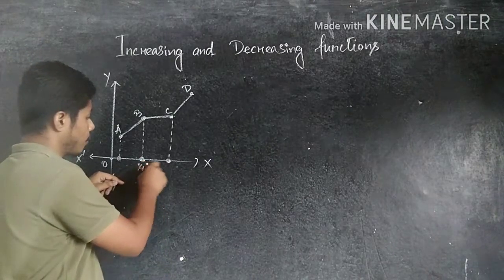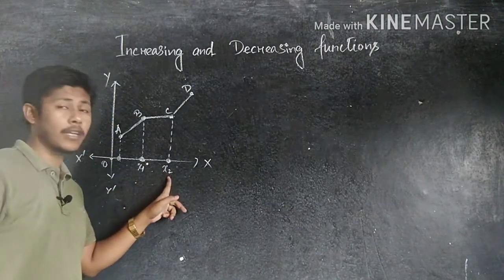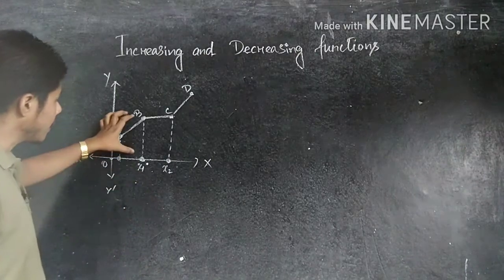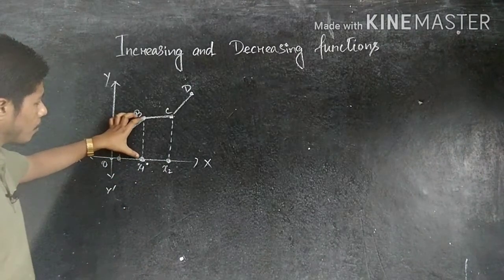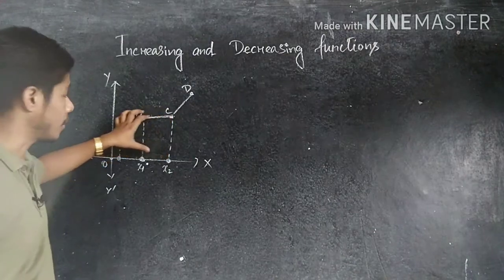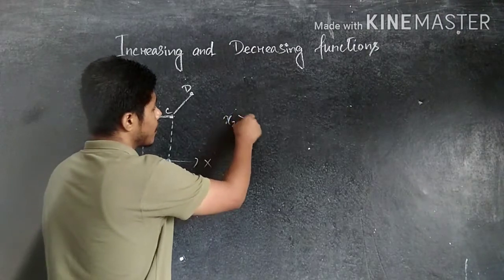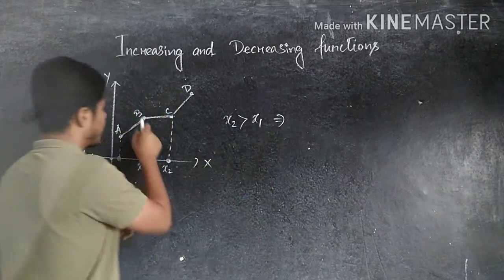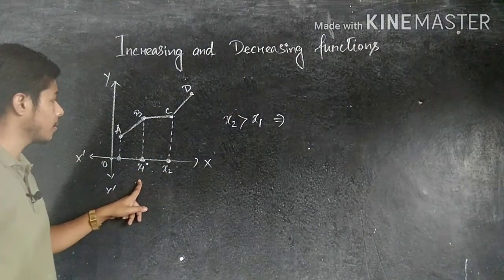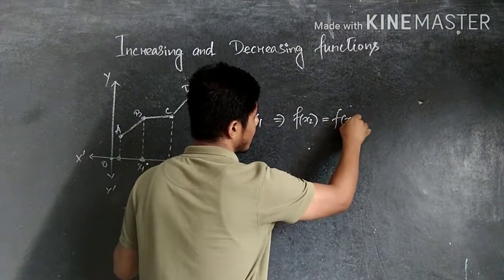But in this case, if you see the length on the y-axis, the y-axis lengths are equal. So the condition we get from B to C is x2 is greater than x1, but the f of x2 value is equal to f of x1, is it not?